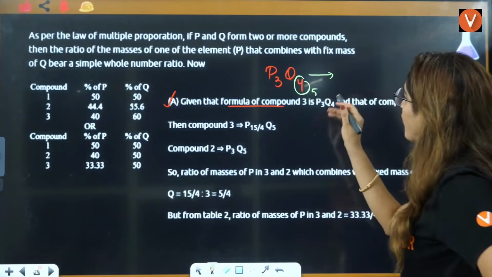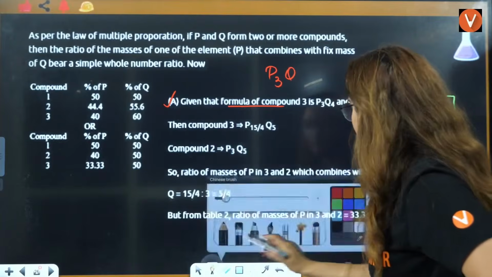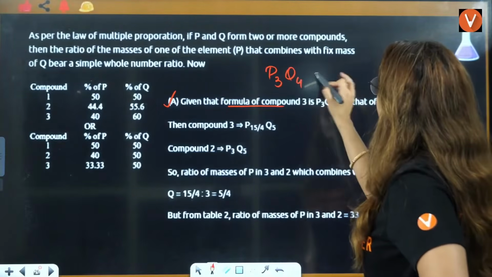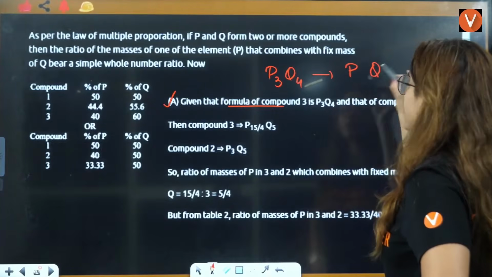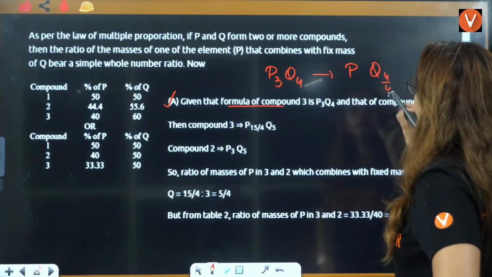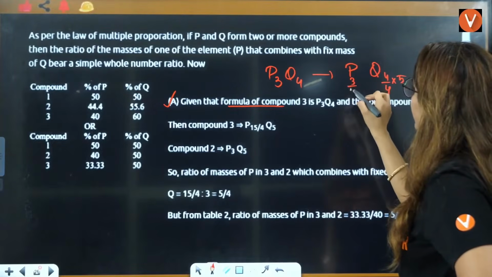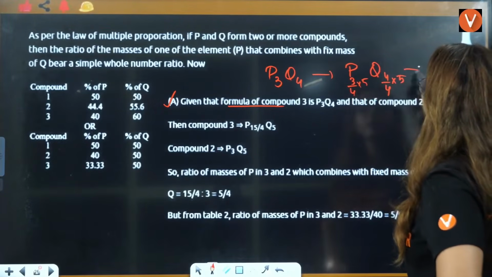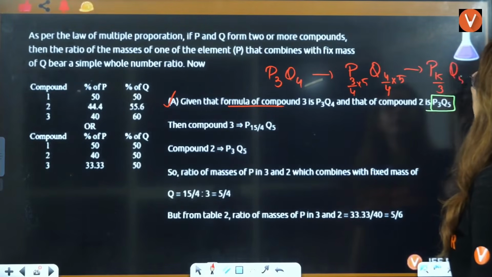So here, this is P3Q4. Because I want to make it 5, I'll divide it by 4 and multiply it by 5. This will become P15 by 3 and Q5.